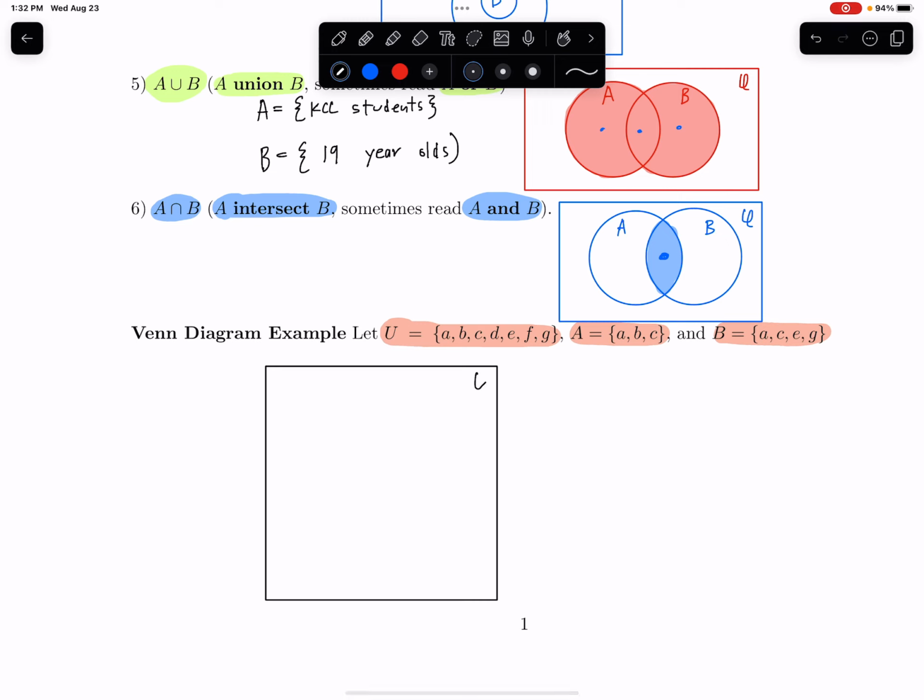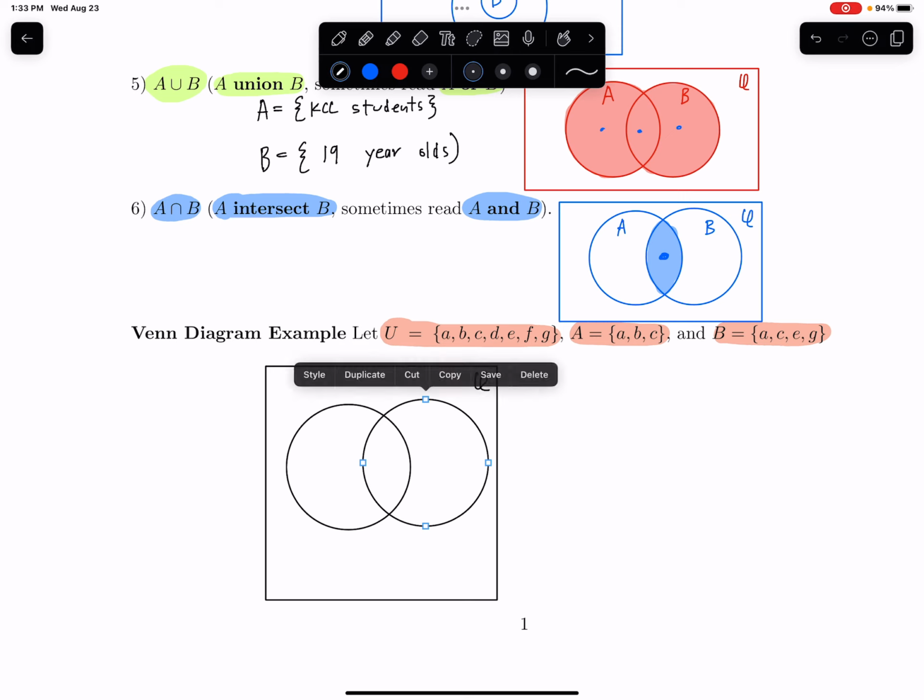Okay, so here's our universe. We're going to draw the most general picture. So here's A. And here's B. They might have some overlap, right? And we'll go through each of the elements in our universe one at a time and try to figure out where they belong. As usual, guys, try this out by yourself before you watch this answer.